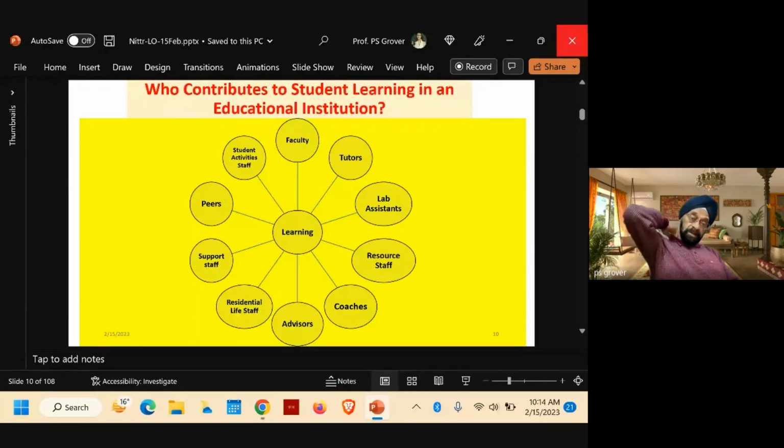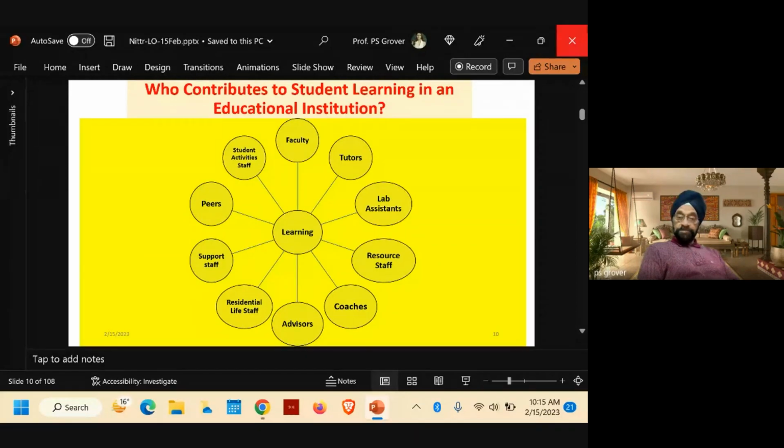That is, the learning of the student comes from various activities in which many people are involved. That indicates that if I take only knowledge, that would mean only learning from the faculty or self-learning.